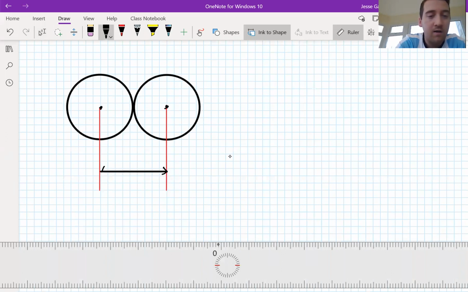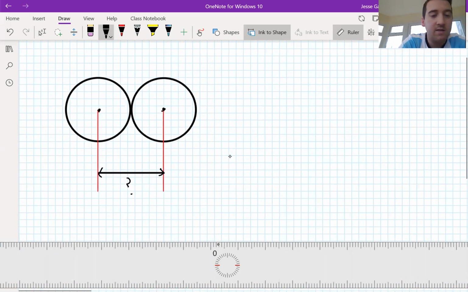So how far is that distance? Now, if we take this distance and divide it by 2, then that will give us the atomic radius.